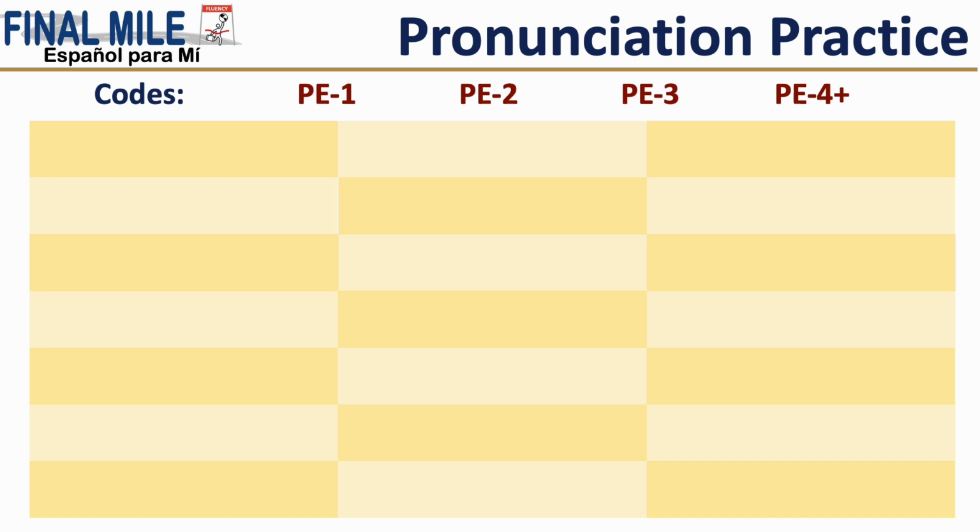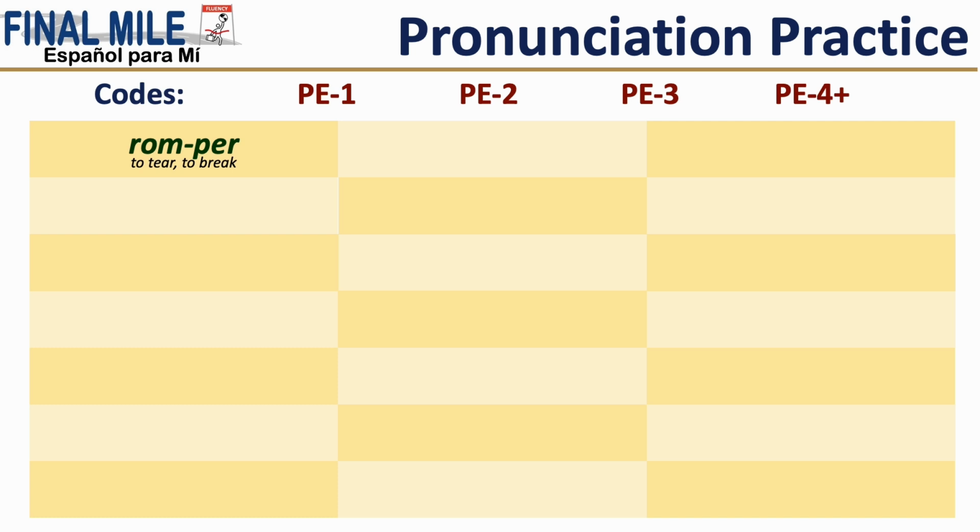You look at the word. First thing you do is determine if it has a graphic accent, count your syllables and say, aha, that is a PE2, and whatever it is. And then you attempt to pronounce it. Okay? You ready? Here we go. Does it have a graphic accent? No. So then we have to ask ourselves the question. Remember the magic question? Does it end in a vowel or N or S? The answer is no again.